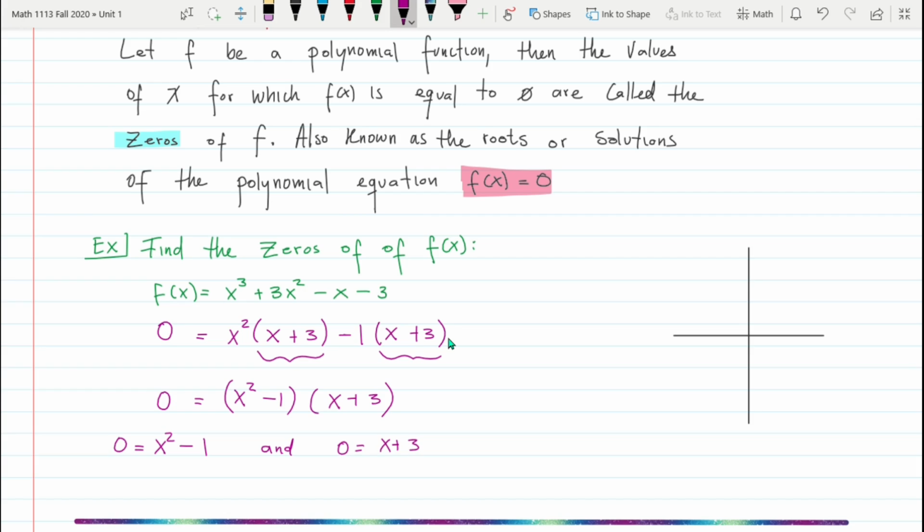So we split them and set them equal to 0 and solve for x. And so here on the left, without doing all the math, we get that x equals plus or minus 1. And then here we have x equals negative 3. So what does that mean?